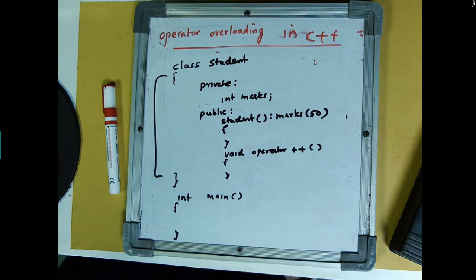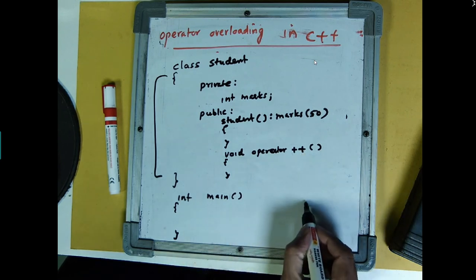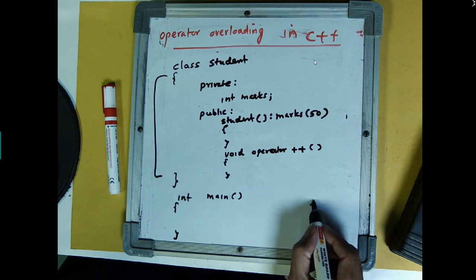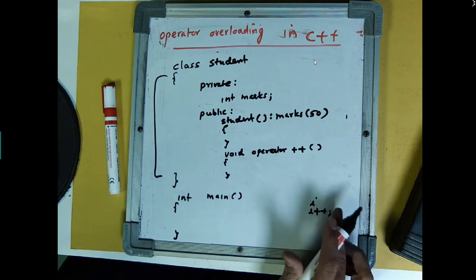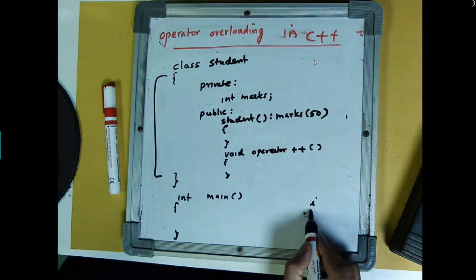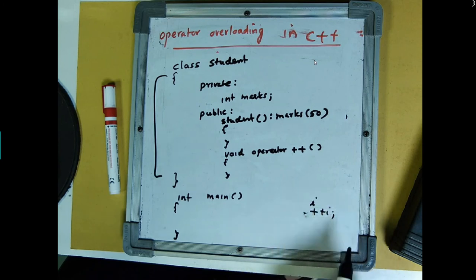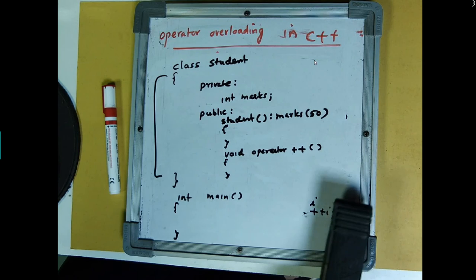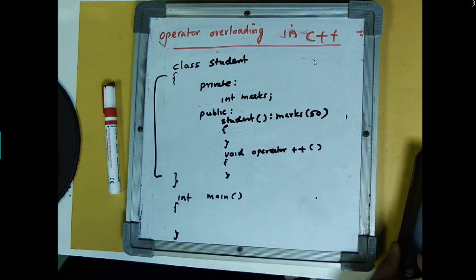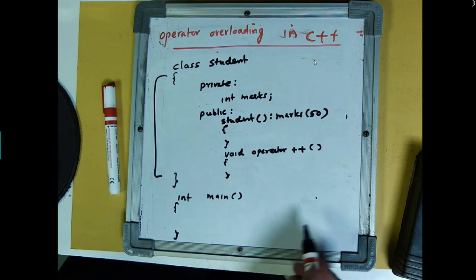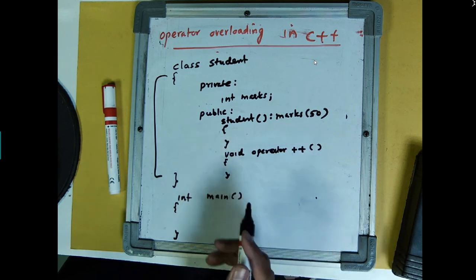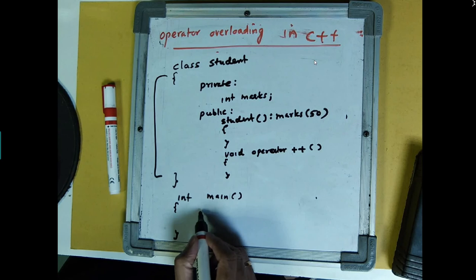Usually in any language, like in C, suppose there is a variable i and you want to increment it one time, you can write ++i or i++. Let's say I am now considering the case of incrementing an object instead of a variable. How do you implement that in C++?